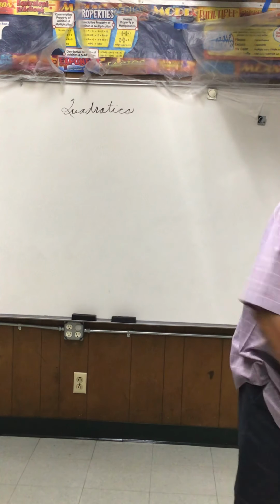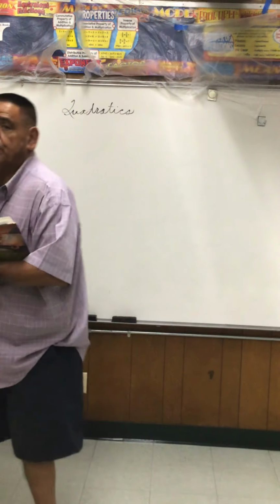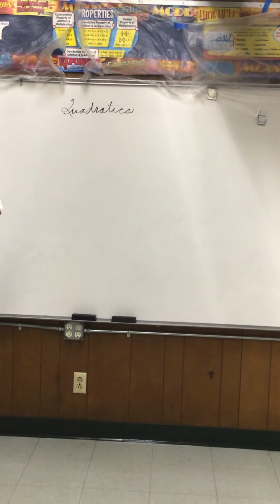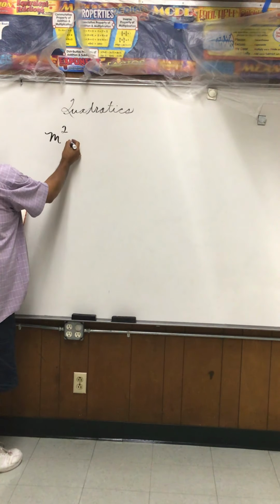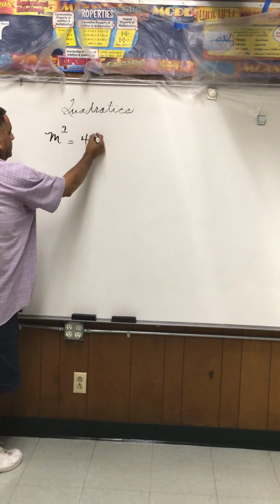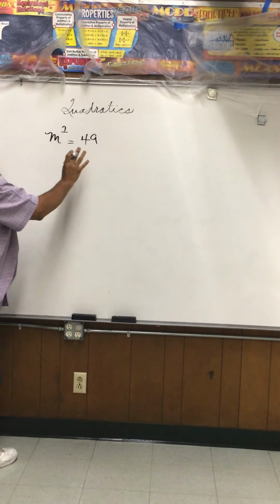All right? So, the first example I'm going to give you is a very basic one. Let's say we have a problem such as m squared is equal to 49. In this case, two things could be done.